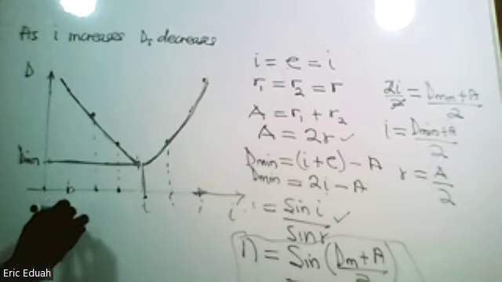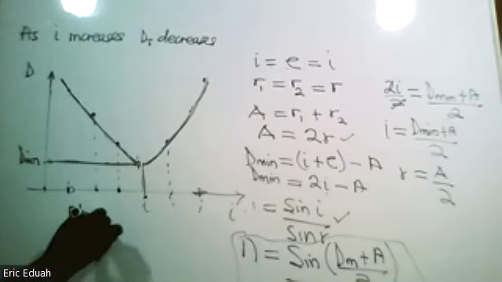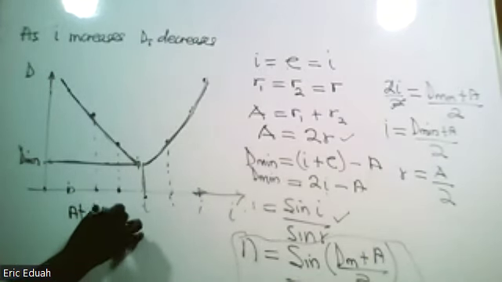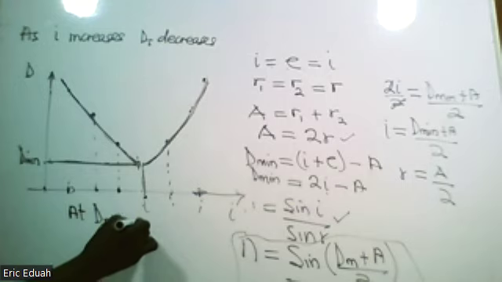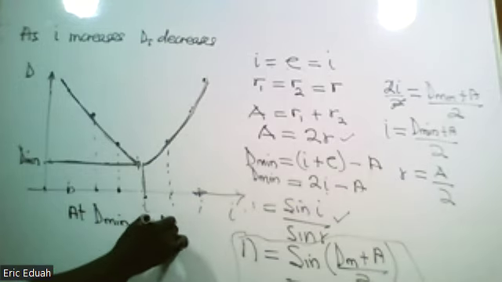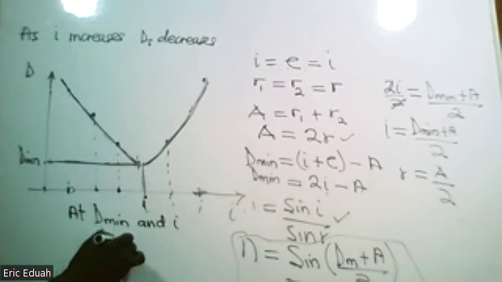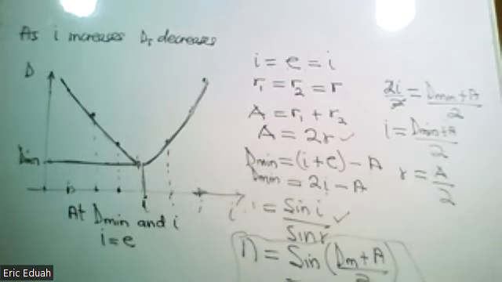So at D minimum and that angle of incidence i, we have i equal to e, then r1 equal to r2.